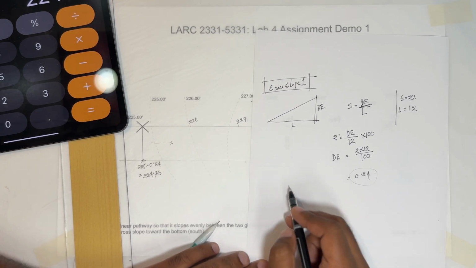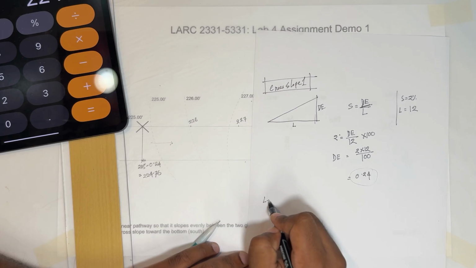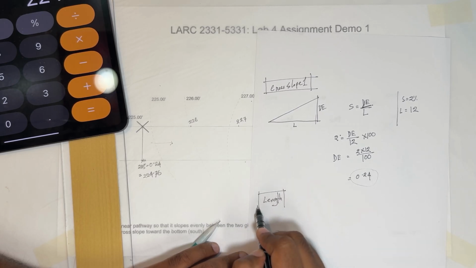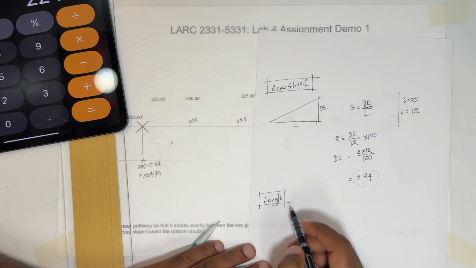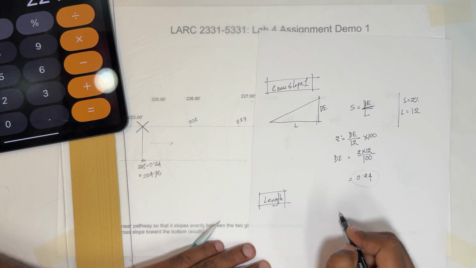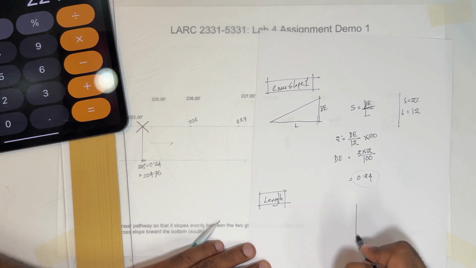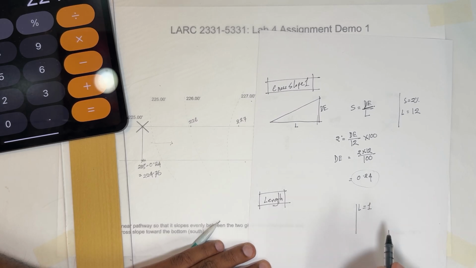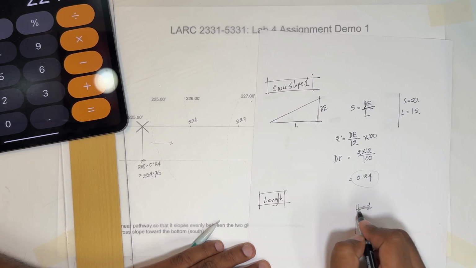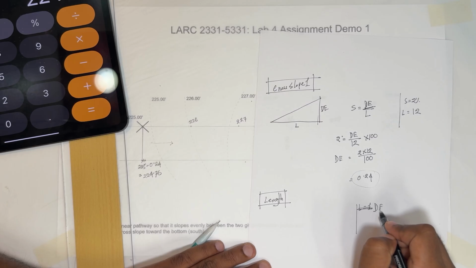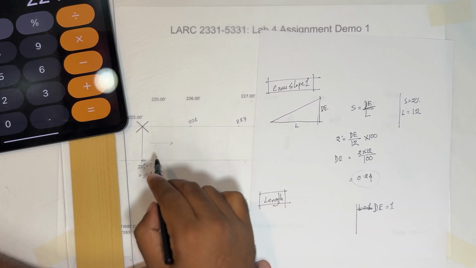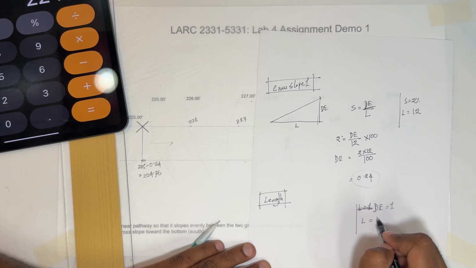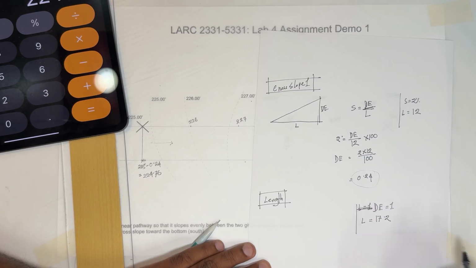So for the length, we know for each 1 foot elevation difference, that would be dE, the L would be 17.2.